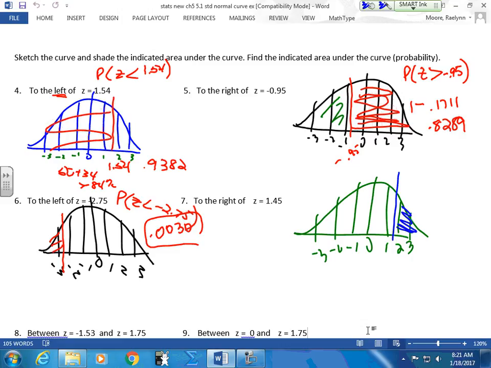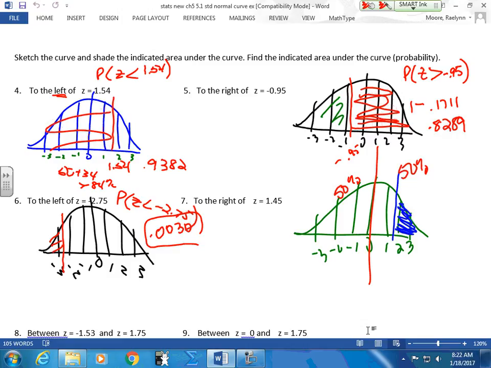So is it less than 50 or more than 50? This shaded in part right here. Whoa. This part right here. I'm lost. Okay. And that's what I want to know. Half of your curve is 50%. 50 here, 50 here. That's why shading is important.